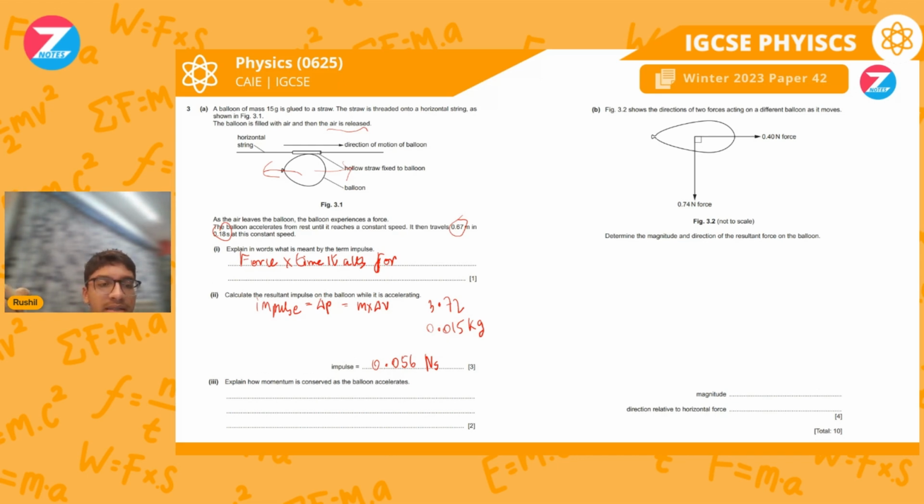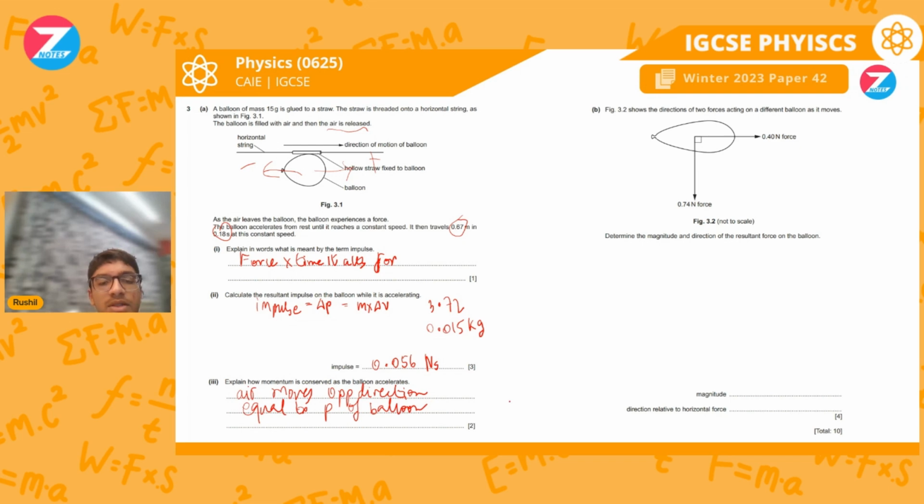So while initially the momentum was zero because the balloon and the air was stationary, now one has a momentum this side. Let's take it as a plus, and the other is in the opposite direction. So it'll have a negative momentum, which is minus. So we can say that the air moves in the opposite direction. Its momentum is equal to the momentum of the balloon.